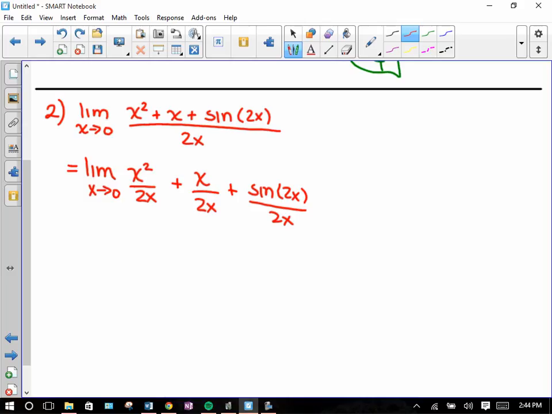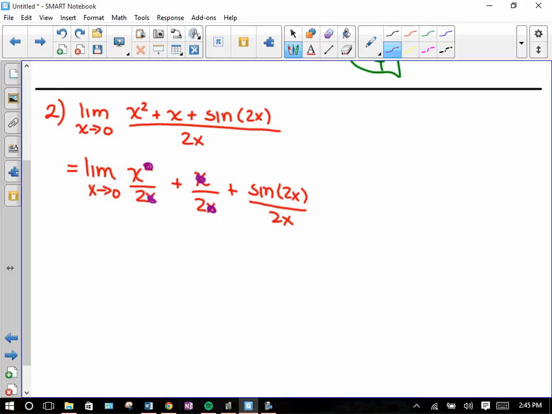Because if I combine all this, the common denominator just stays 2x, and that means I can just add all that stuff in the numerators. So, let's rewrite some of this. This x cancels out with one of these x's. This x cancels out with this x. This is cool because I have that memorized.